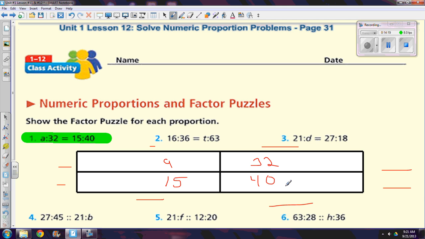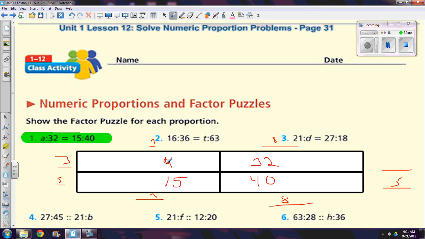15 and 40, look to see what they have in common. 5 goes into 15, 5 goes into 40. Does anything higher than 5? I don't believe so. So 5 times 3 is 15. 5 times 8, bring the 8 up, bring the 3 up, and so on.